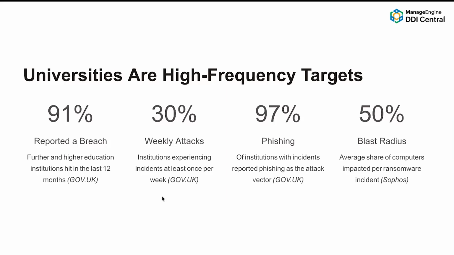According to Sophos, in higher education, about 50% of computers are impacted on average per incident. So the takeaway is simple. Universities face high frequency plus high spread. That's exactly why DNS and DHCP become strategic, because it's one of the few layers that can see and contain early movement across the environment.